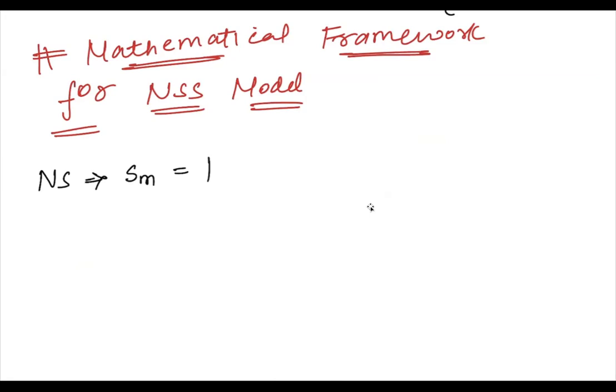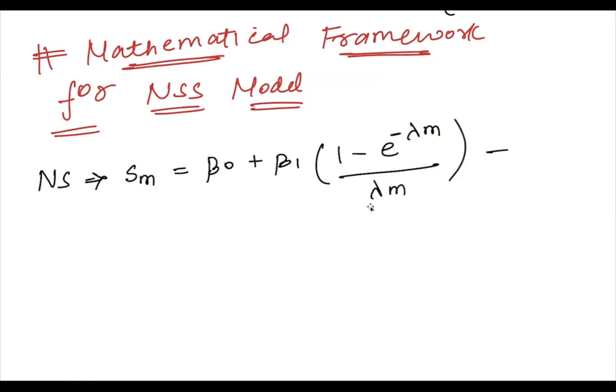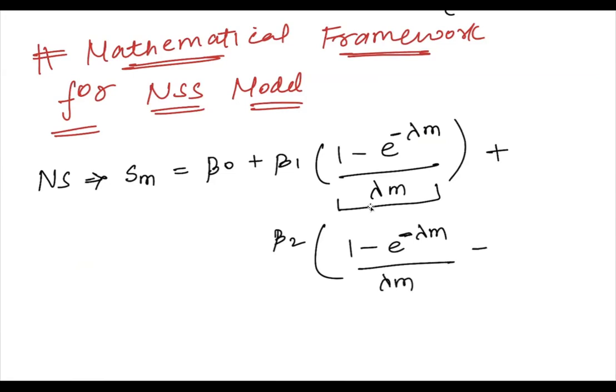It can be defined as beta naught plus beta 1 times (1 minus exponential of minus lambda m) divided by lambda m, plus beta 2 times, again the same component, (1 minus exponential of minus lambda m) divided by lambda m, minus exponential of minus lambda m. So this was the formula for the Nelson Siegel model.